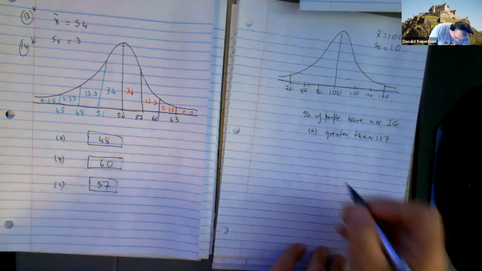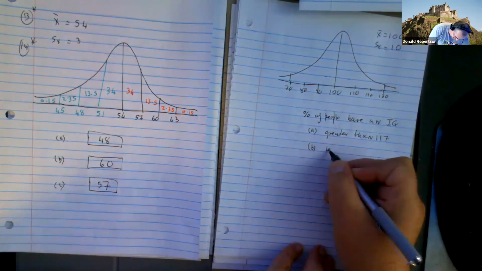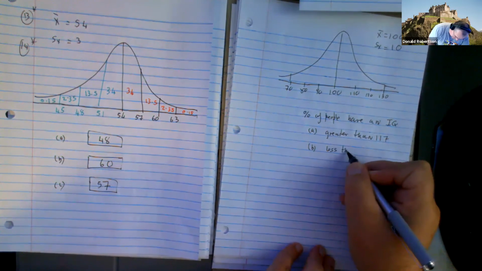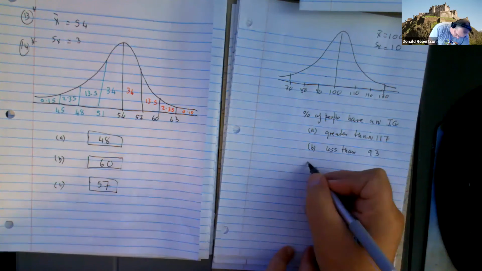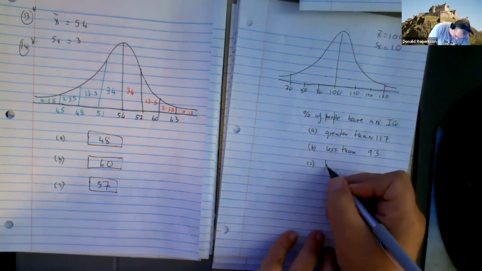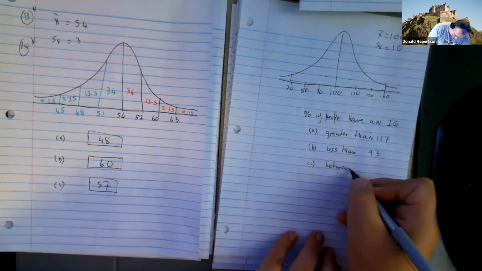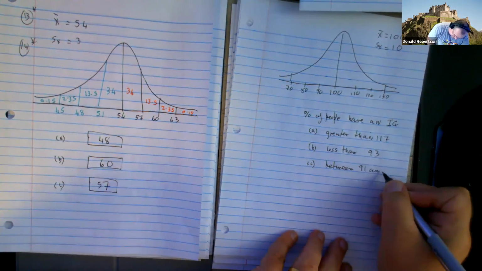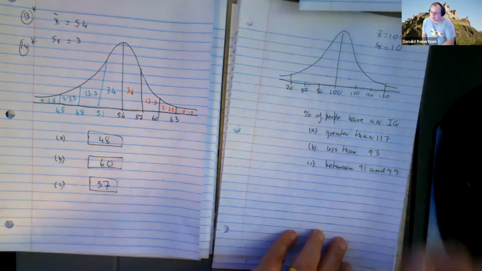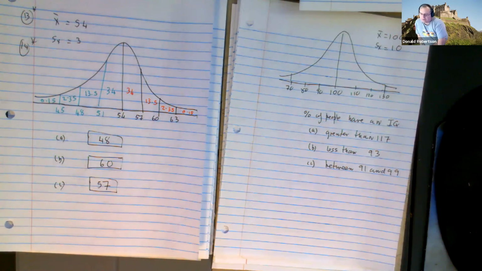Just a random number, or less than 93, or have an IQ between, say, 91 and 99. Do you know the kind of questions that you'd like to know quite detailed percentages, right? What percentage of the data is bigger than 117 or less than 93 or between two numbers?